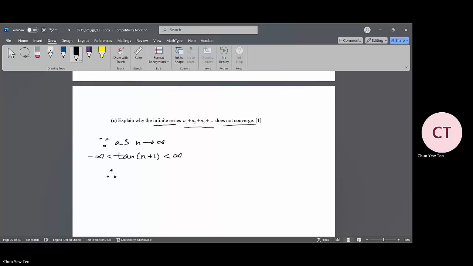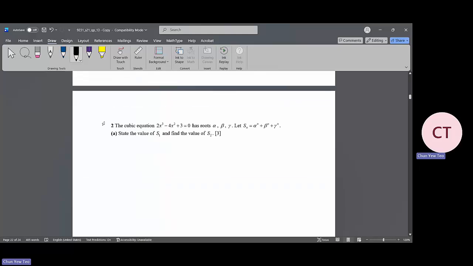Therefore, the infinite series of u_r does not converge. Okay, that is the answer for question number 1C.